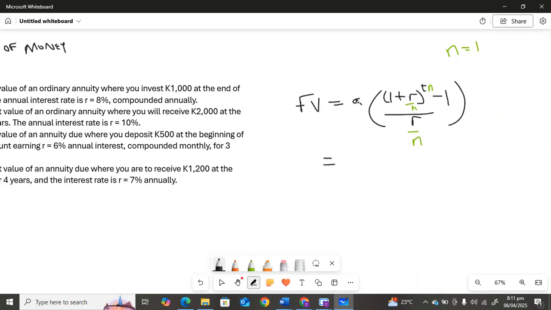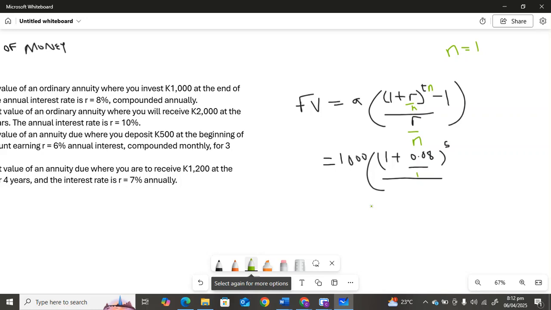So our equal payment is 1,000. A is replaced with 1,000, in brackets 1 plus the interest rate, 8%, converted into a decimal, 0.08, over the number of compoundings, 1, in brackets, to the power of our time, which is 5 years.